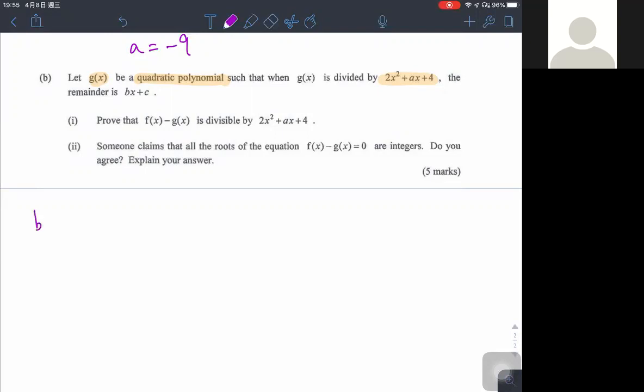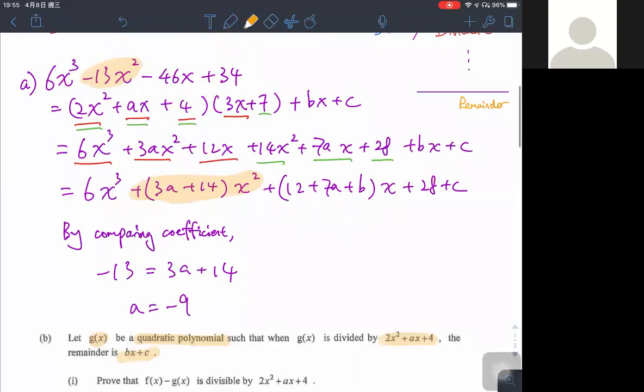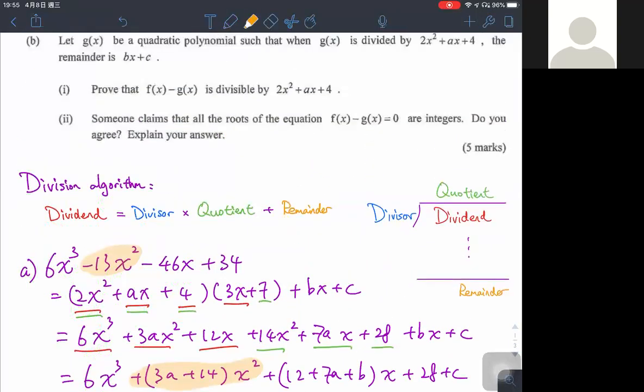So for part B(i), we can let g(x) become, say, q times 2x squared plus ax plus 4. However, we only have the quotient times the divisor. We also need to have the remainder bx plus c. So again, this is about the division algorithm, which I mentioned in the beginning.